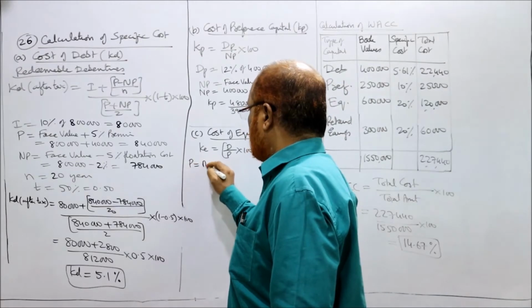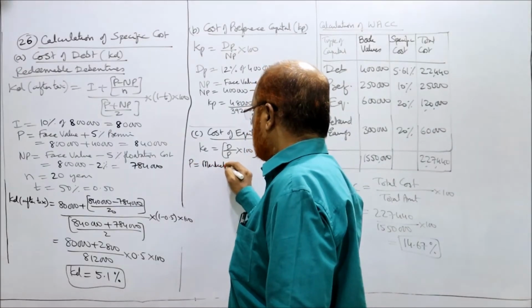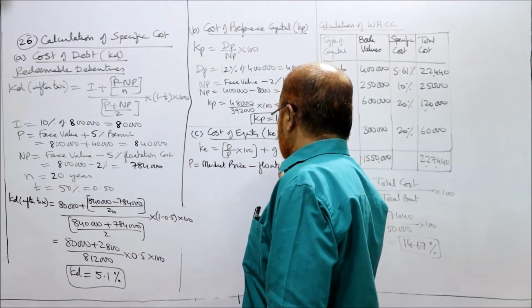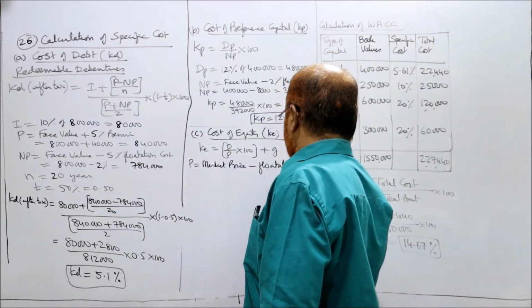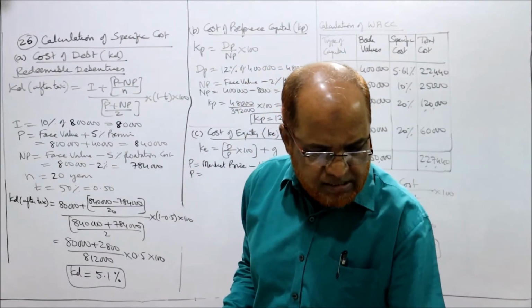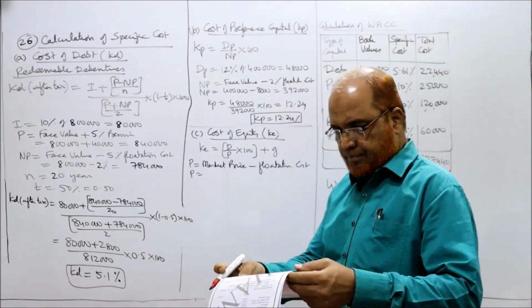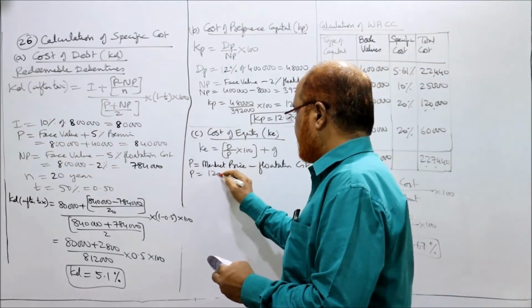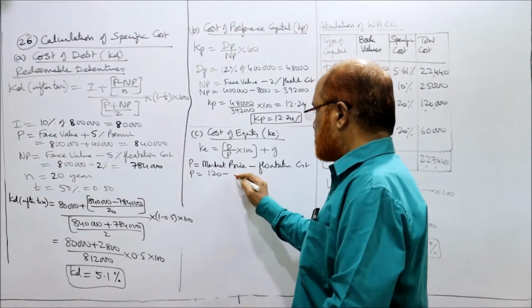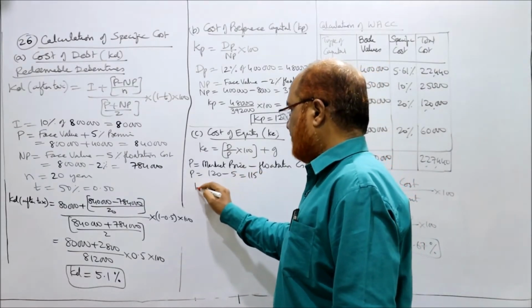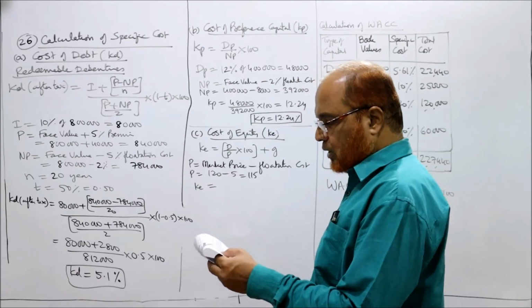P is equal to market price minus flotation cost. The market price of equity is given in the problem. Market price of equity is 120 minus flotation cost of 5 rupees, that is 115.